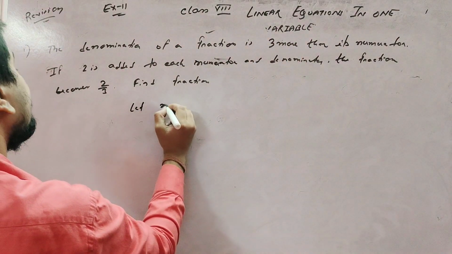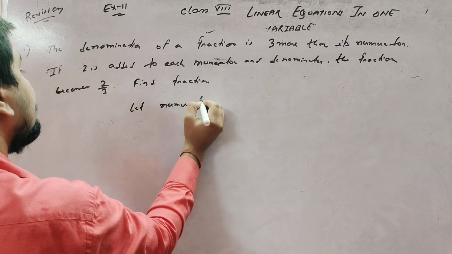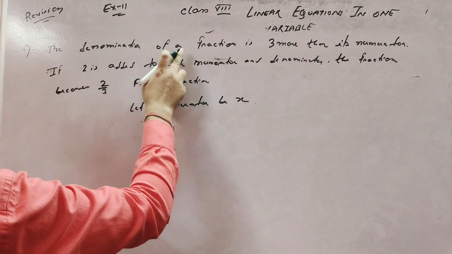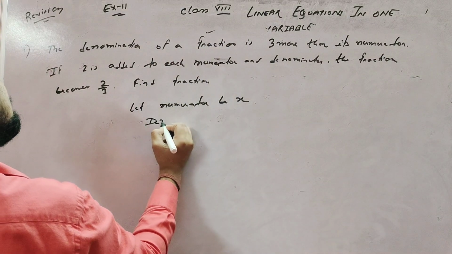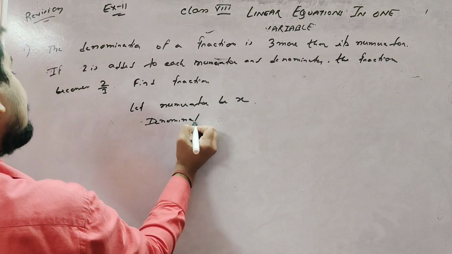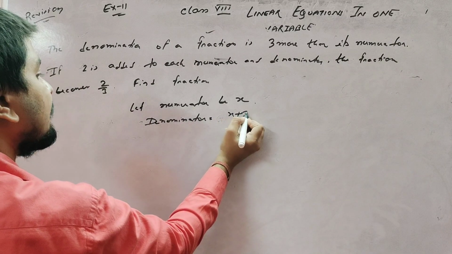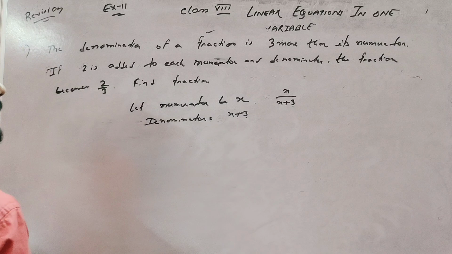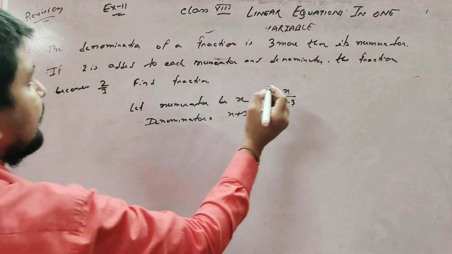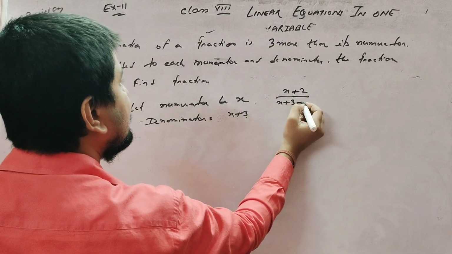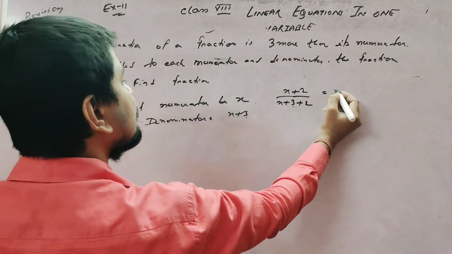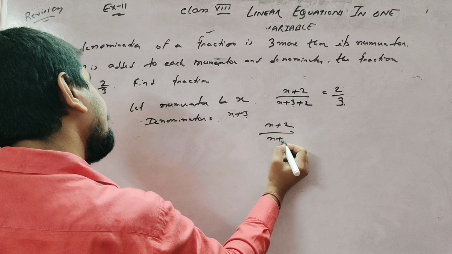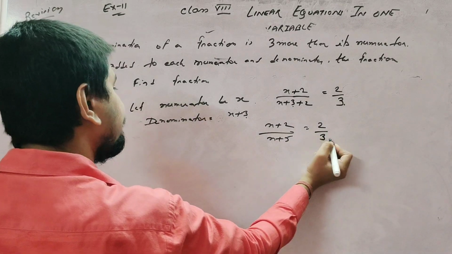So let the numerator be x and the denominator is 3 more, that means x plus 3. So the fraction looks like this. If 2 is added to each, numerator and denominator, the fraction becomes 2 by 3. So x plus 2 by x plus 5 equals 2 by 3.